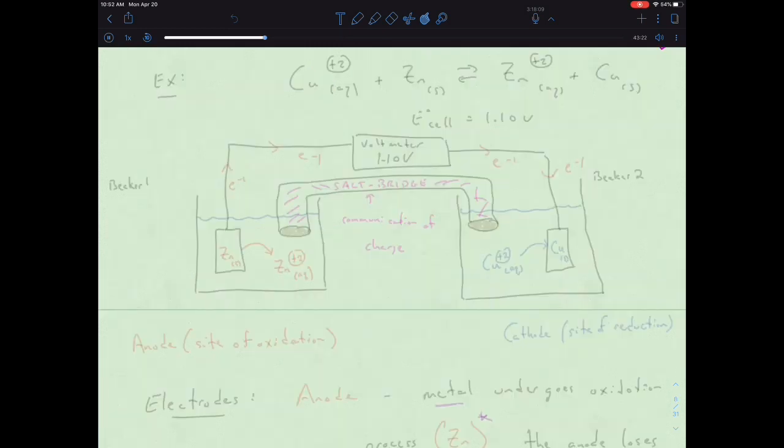So let's kind of look through the example of what we were calculating earlier as far as this zinc, copper style battery that we found out that its cell potential is 1.10 volts.